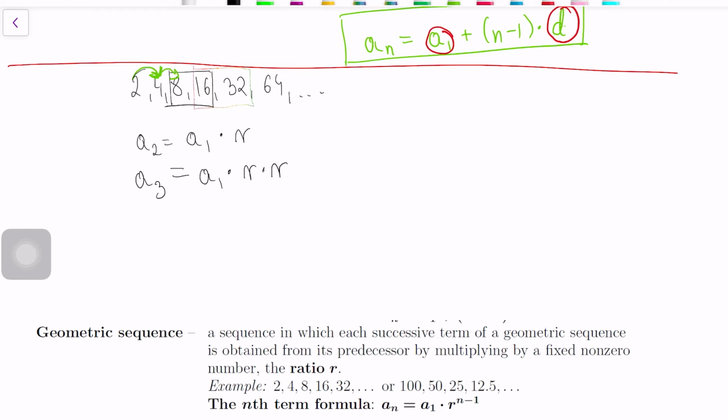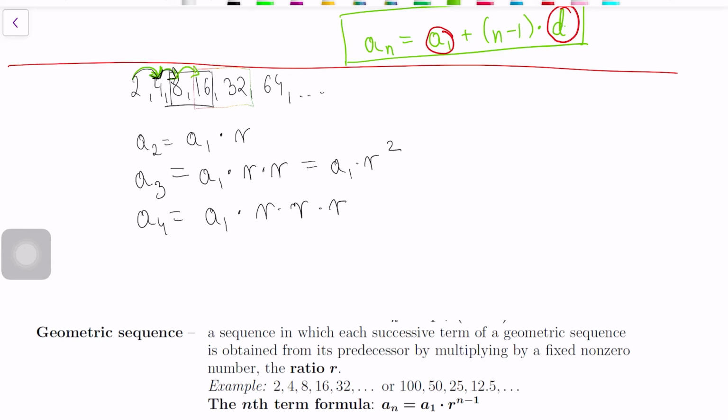Because multiply 2 by 2, that's going to give you 4. Multiply again by 2, that's going to give you 8. So you're multiplying by r to the power 2. To get to the fourth term, you multiply the first term 3 times by r, right?